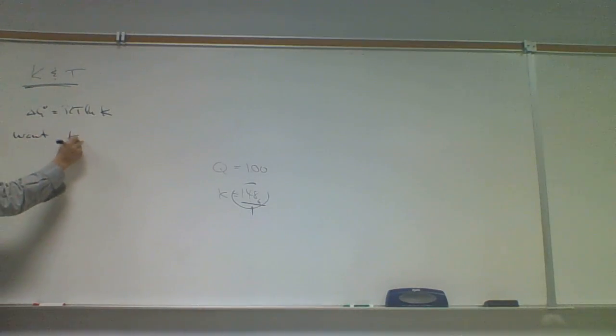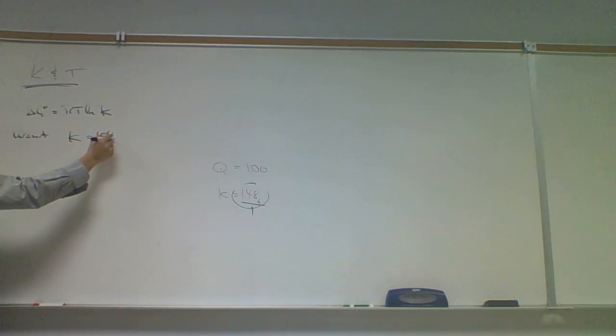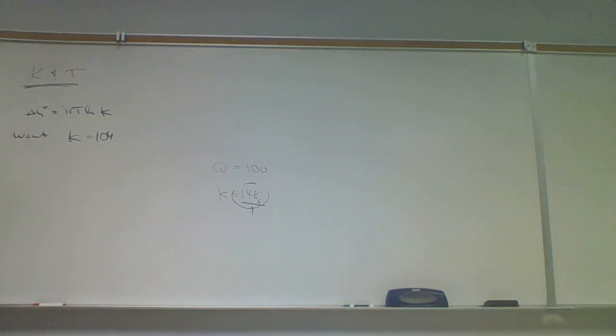Let's say we want a K a little higher, just a little bit more product. Let's go with a K of 104. If I get a K of 104, that's a little better in terms of product to reactant ratio. Is it possible to get that K? Or am I stuck at 1.486?